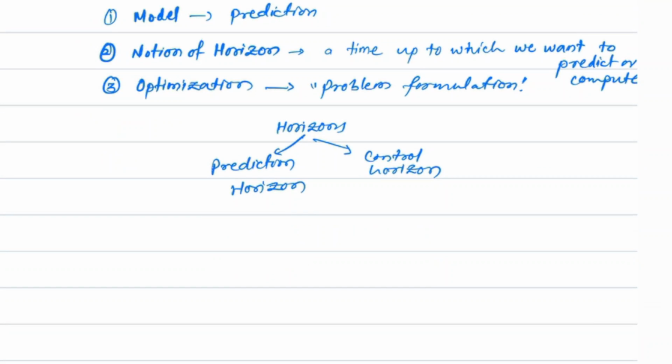So say you are standing here at time k, and you'll use your model to predict at k plus 1, k plus 2, and so on up to k plus p.